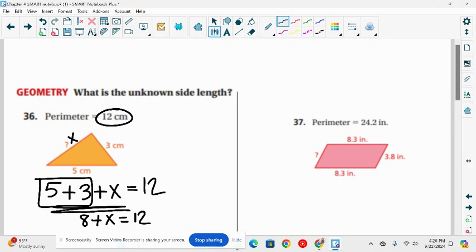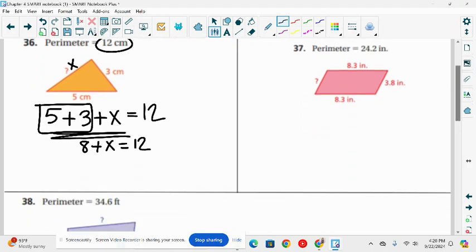And I can solve that. So I want you to go ahead and solve that. That's right. You chop it, you box it. We're going to do the opposite. So x equals 4. Okay? Same thing with 37. I want you to try that.